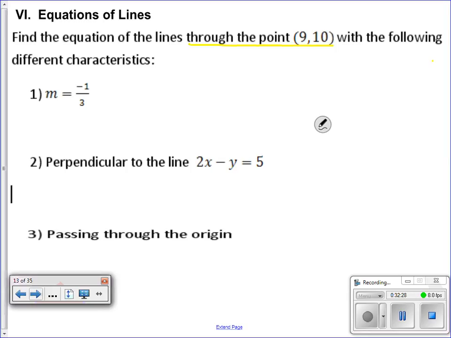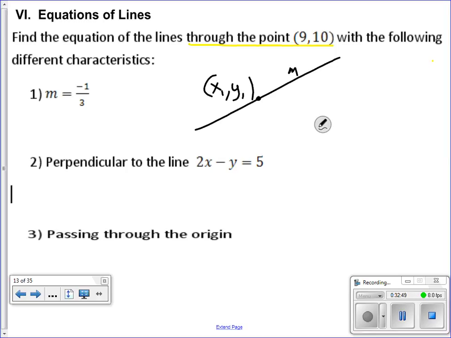To write the equation of a line, think about it: if you have a line, and there's some specific point on this line, (x1, y1), so you have a point you know is on a line, and let's say the line has a slope of m.